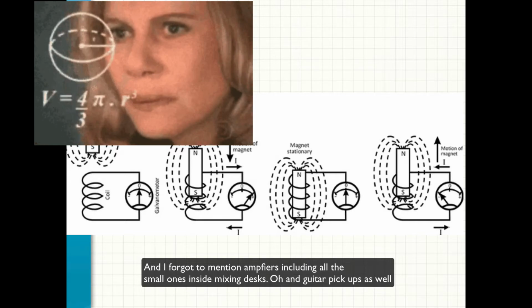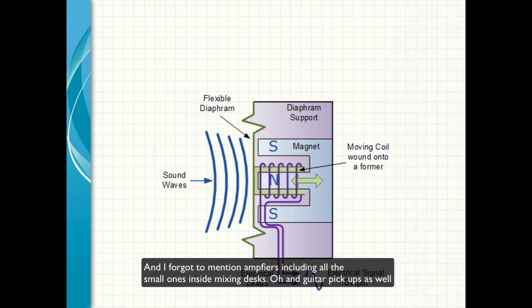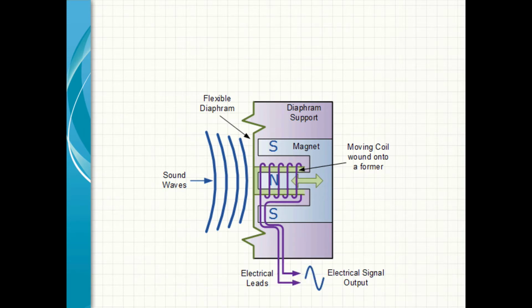A dynamic microphone is in effect the opposite of a speaker, in that it's not moving sound in the room. Sound is actually moving a movable plate on the microphone. Attached to that movable plate, you have a coil of wire that's sitting inside a magnet. As the vibration of the sound moves the diaphragm in and out, that coil of wire has its electrons disturbed by the magnet.